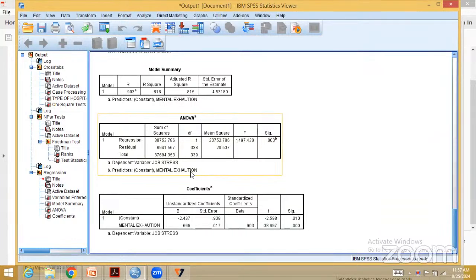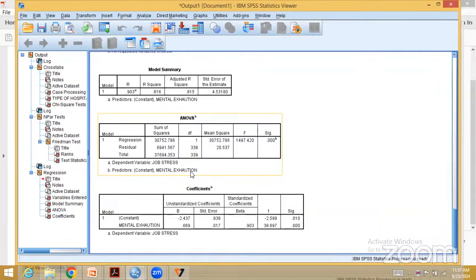That's the question. 81.6% influence is given by mental exhaustion on job stress, and the 18.4% influence is due to some other variables we have not taken into consideration.